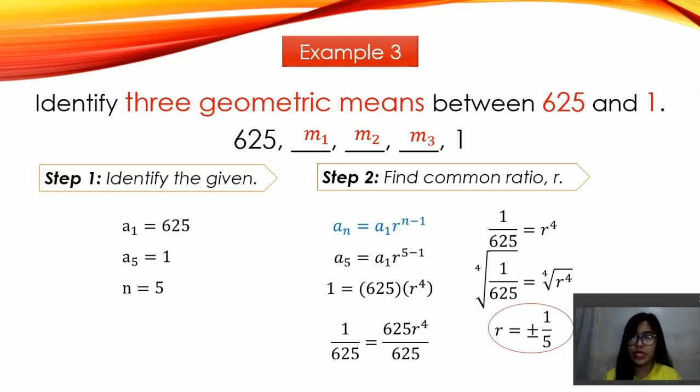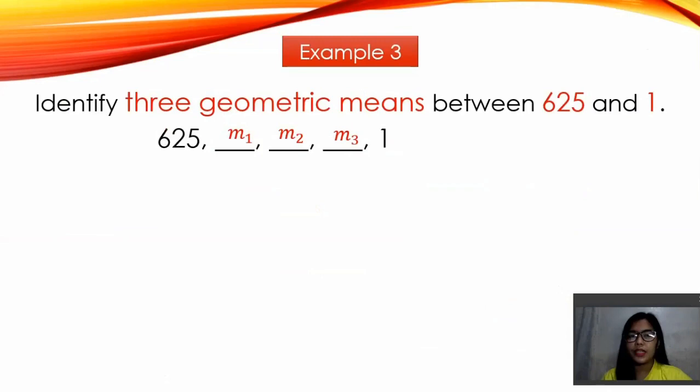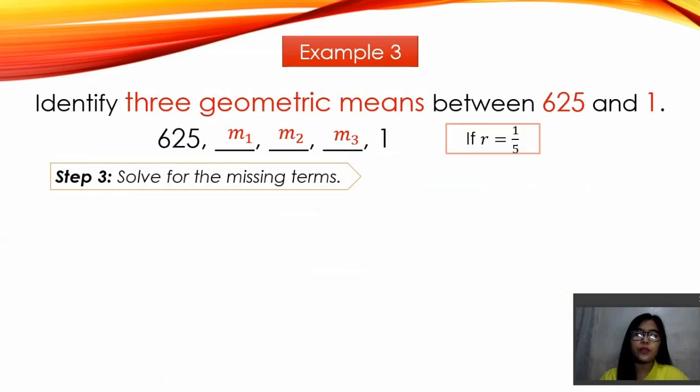And we will use this to find m sub 1, m sub 2, and m sub 3. Let us now identify 3 geometric means if r is positive 1 over 5. Okay? Later on, we are going to use negative 1 over 5. So for now, if r is equal to 1 over 5, let's solve for the missing terms.